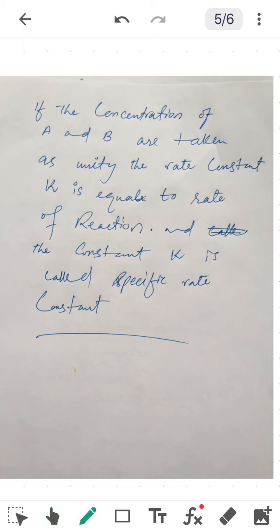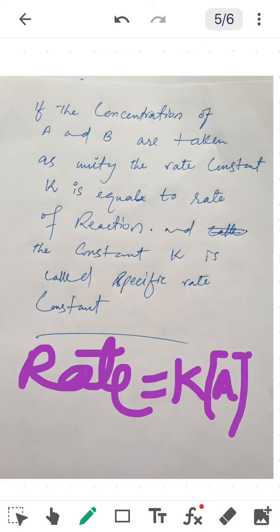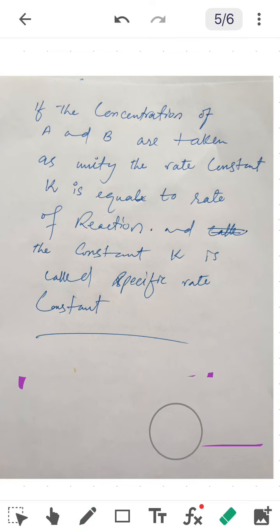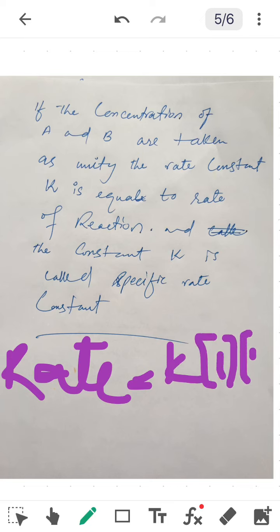If we write the rate of the reaction for the previous reaction, rate is equal to K times the concentration of A, concentration of B to the power b. If this becomes equal to unity, then rate is equal to K multiplied by 1.